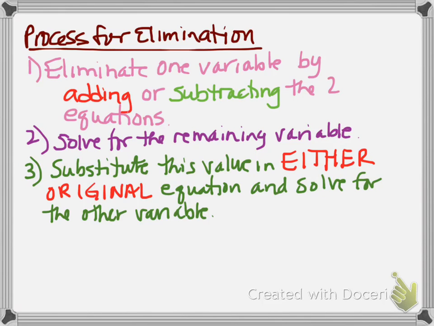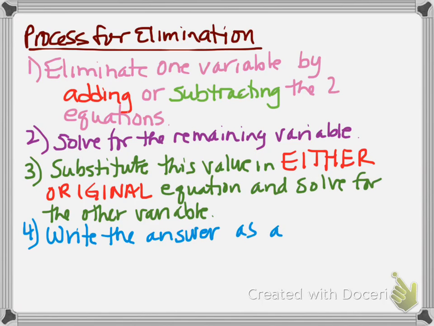And then last, we're going to write the answer as an ordered pair. And again, if the variables are not x's and y's, then we're going to follow alpha order, so alphabetical order.